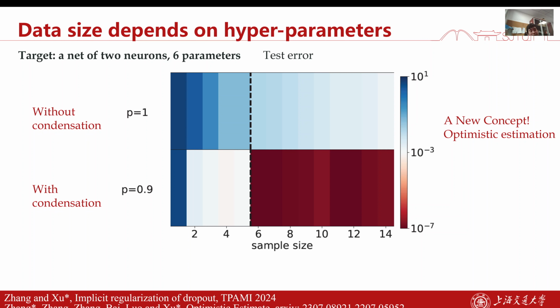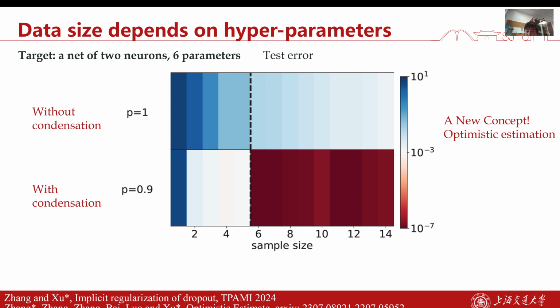So now the question is, we don't need so many samples, equal to the parameters, to recover this target function. And the number of samples somehow equals the size of the final condensed neural network.